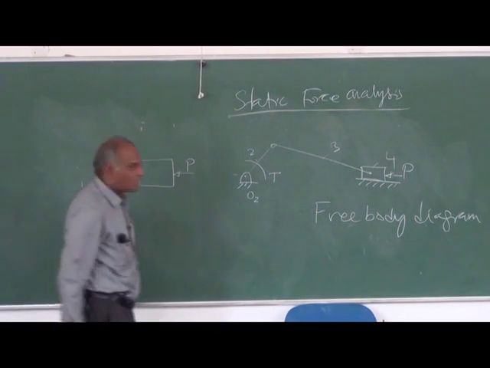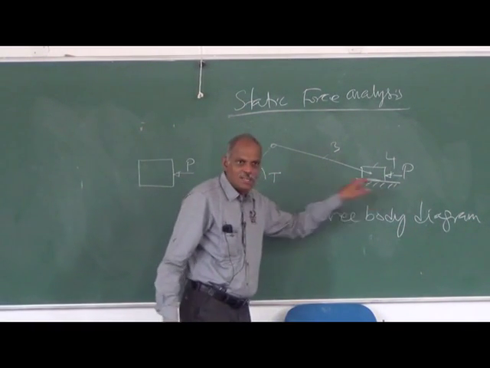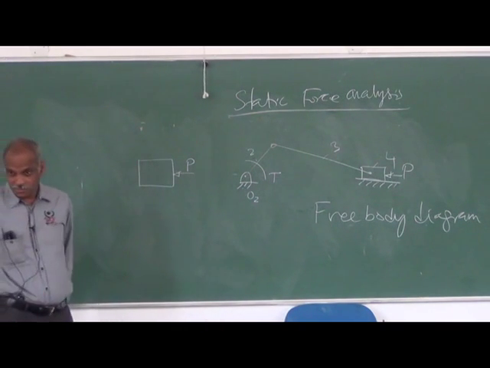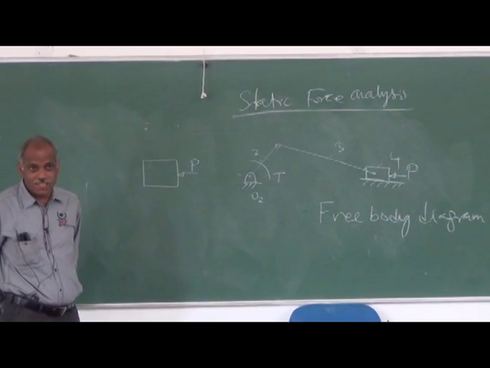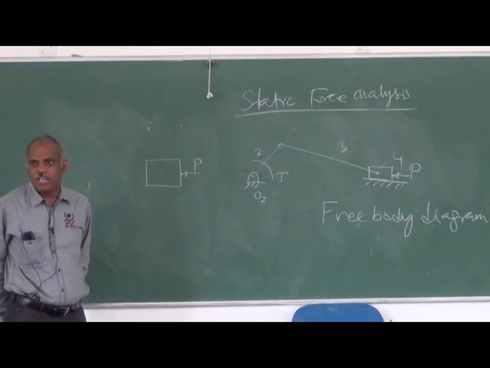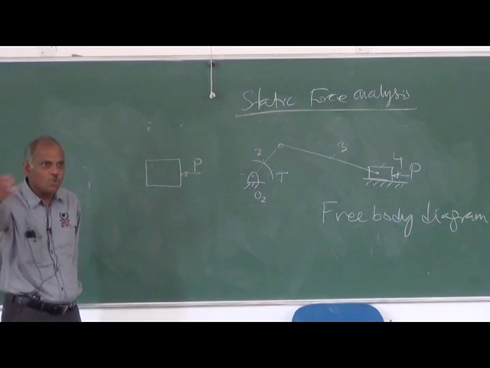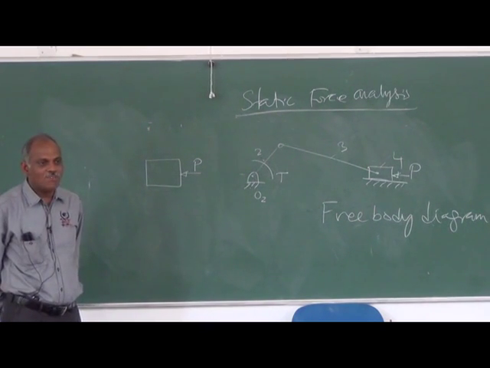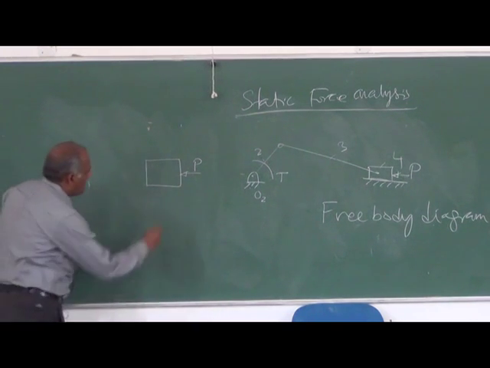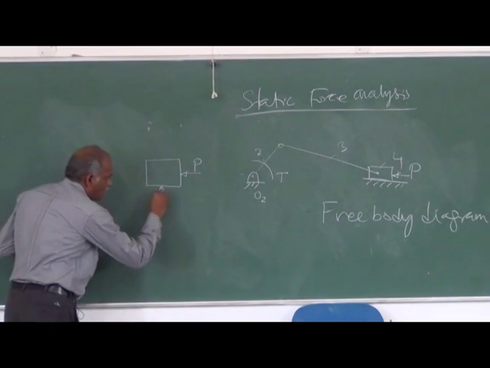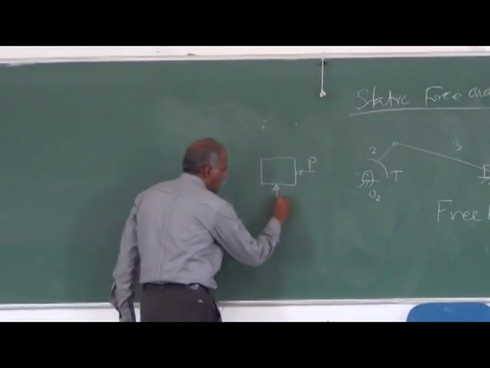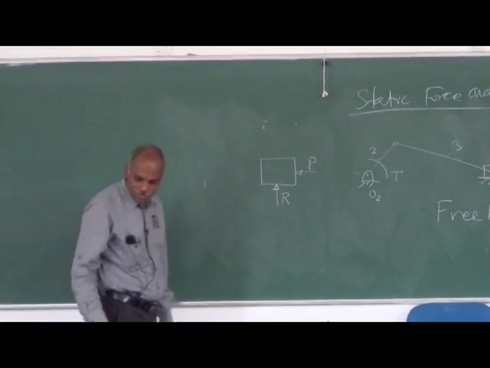If I assume that the friction between the piston and the cylinder, the supporting surface, is very, very low, negligible, because they use Castrol or servo lubricant, then I can say the reaction will be normal. So this is your reaction force.